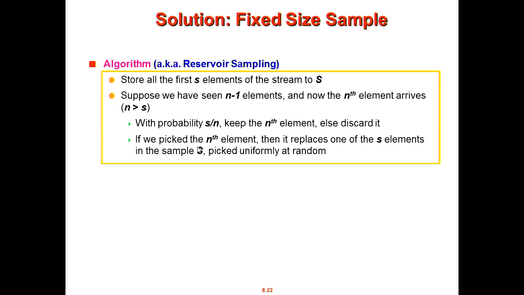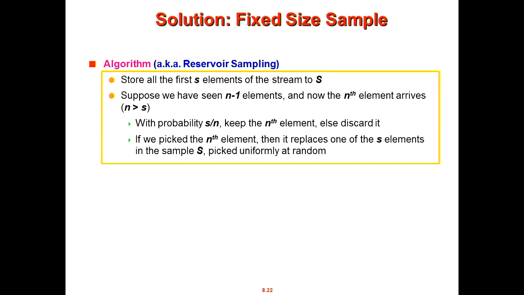And if we picked this element, then we have s plus 1 elements now, right? So we need to replace the old elements in S with this new element. This element will replace one of the current elements in the sample set S, which we pick uniformly at random.